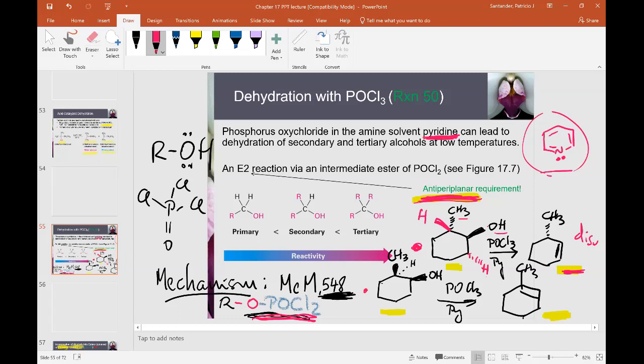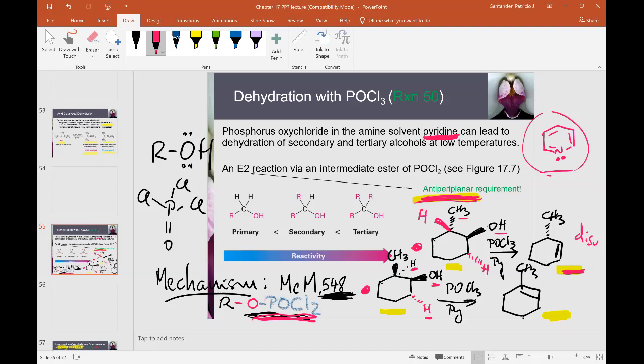In this other example, the OH is trans to that hydrogen atom, and of course, it's also trans with respect to that hydrogen atom, right? So there you have the choice. You can choose in what direction you eliminate. If I do it in the same direction as I did with the reaction above, I will get a disubstituted product.